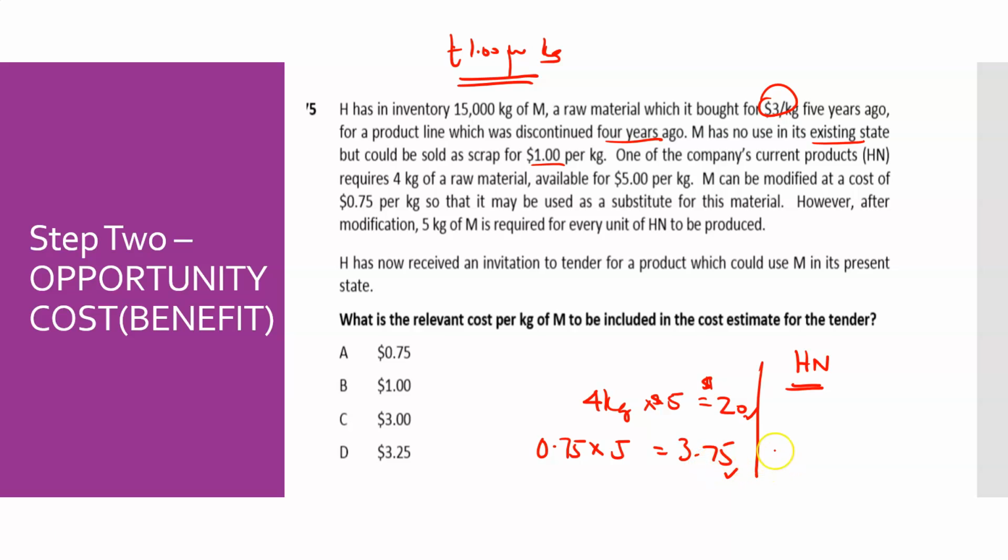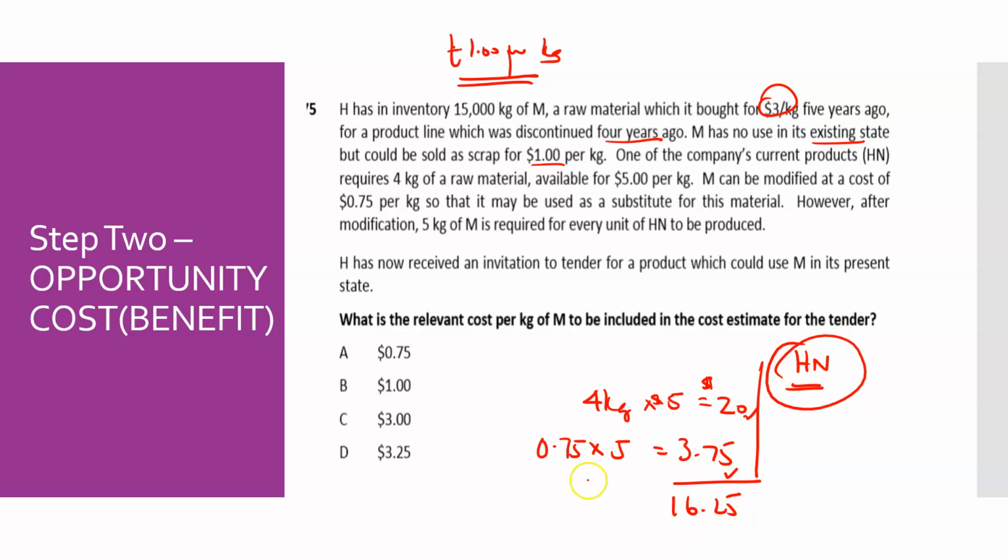And therefore use M, and in effect you would have saved yourself a cost of 20 minus £3.75, which is £16.25 per unit of HN.